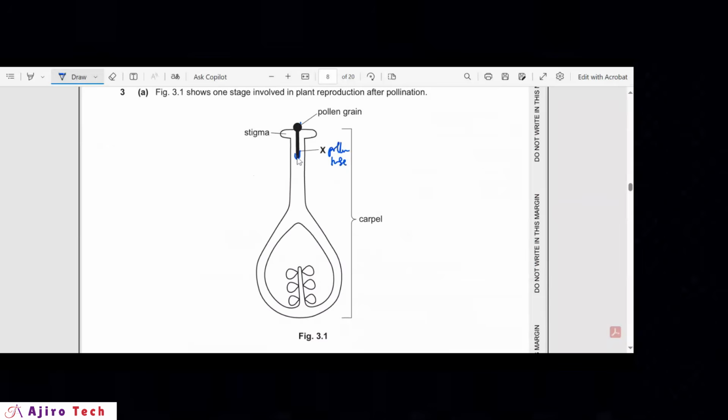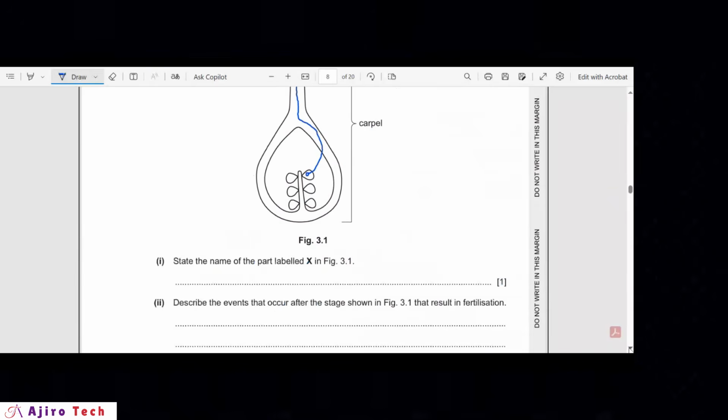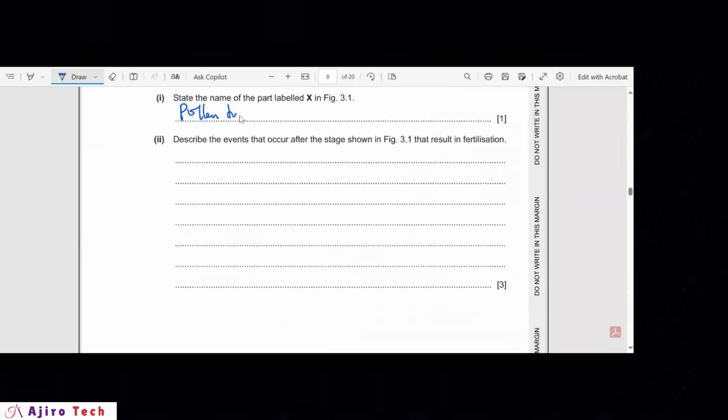Then it is expected to grow down and enter the ovary to go into the ovule. Right, so that's the pollen tube. Describe the event that occurs after the stage shown here that results in fertilization.